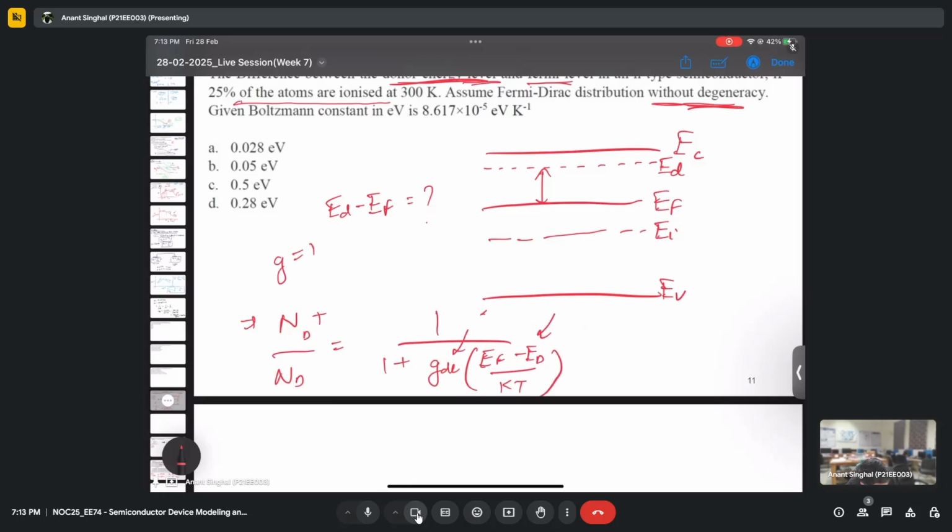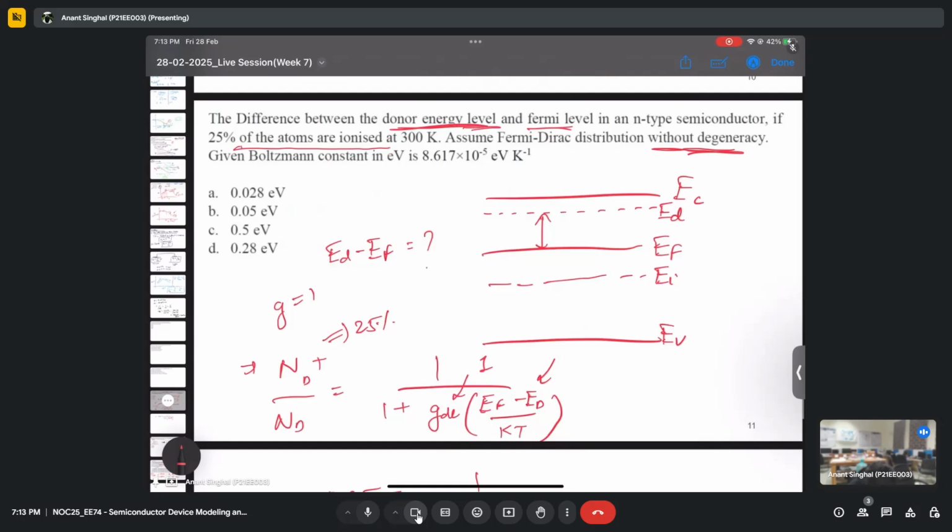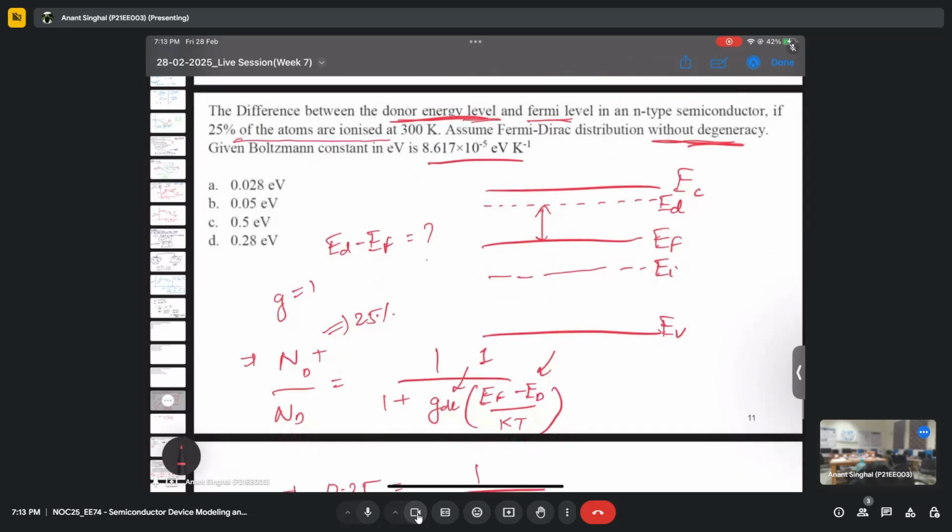G is 1, and the percentage is also given as 25%. So this is quite straightforward. 0.25 is 1 upon 1 plus e to the power EF minus ED over KT. The temperature is also given, so KT is also given.